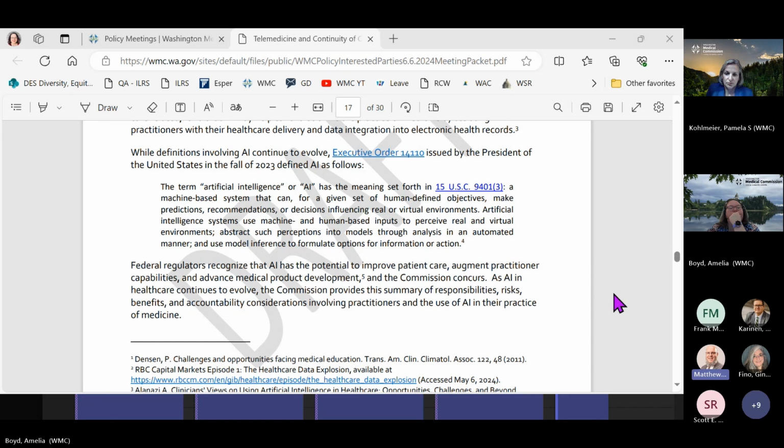This is definitely just a starting point to provide the widest of guardrails, and to still allow, not permissionless innovation, to coin a term that sometimes we disagree with, but to allow innovation and utilization, research, and design to still occur within the practice of medicine, while making sure there's awareness on both sides.